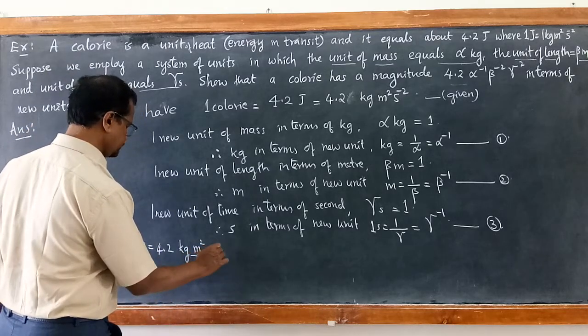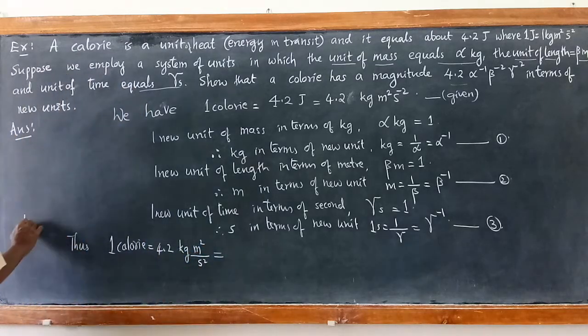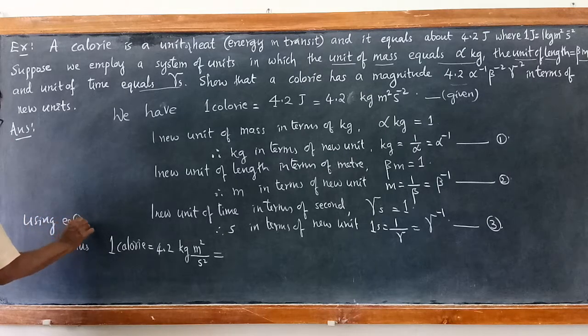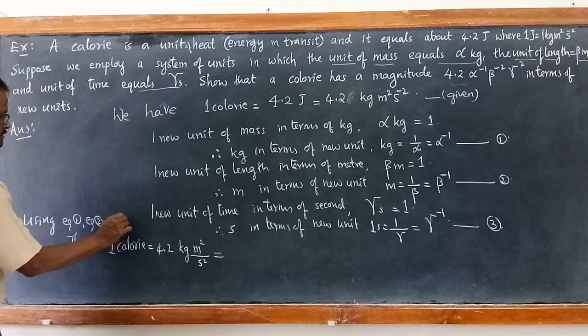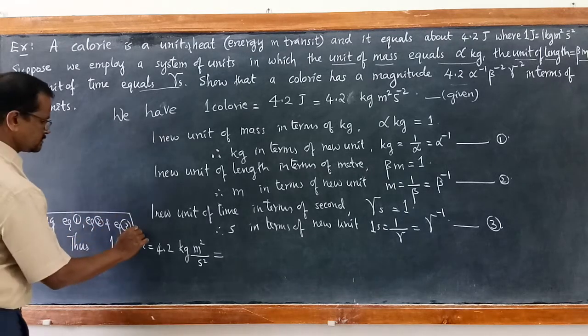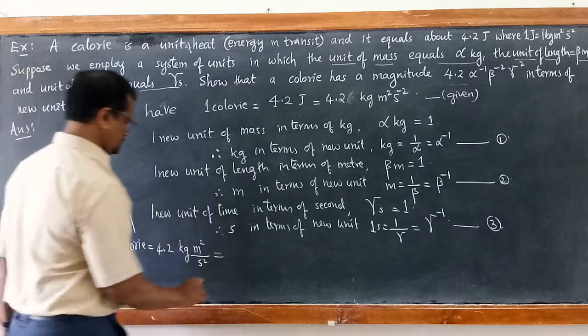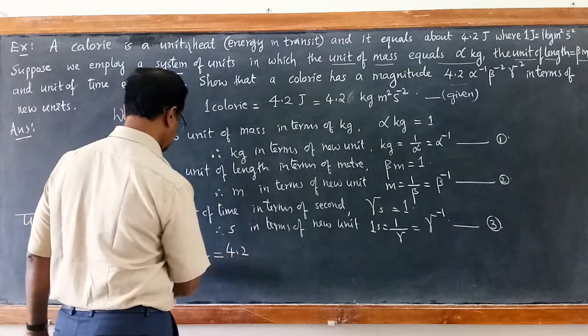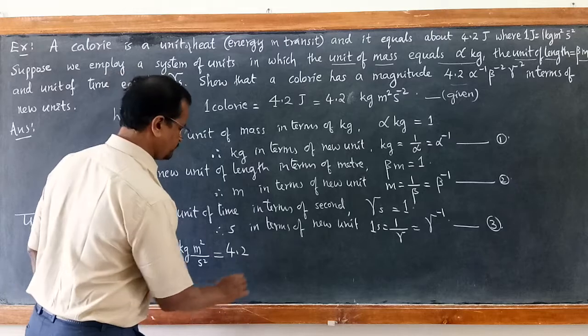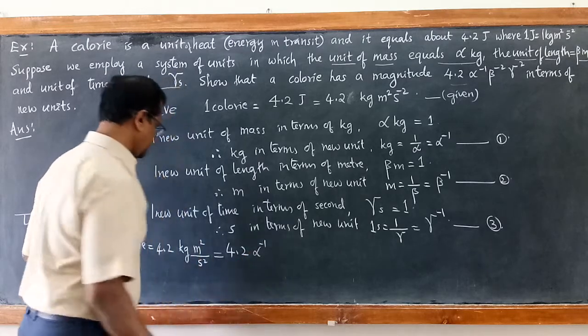Using equations 1, 2 and 3, you can write this. So 4.2 times kg is equal to alpha raised to minus 1.